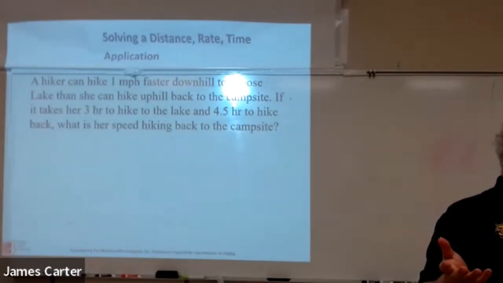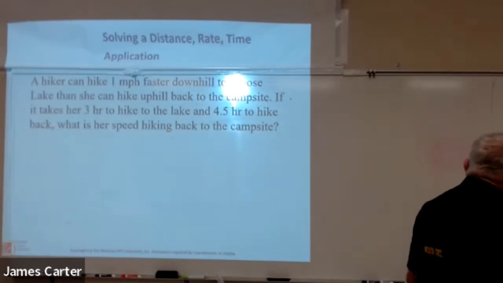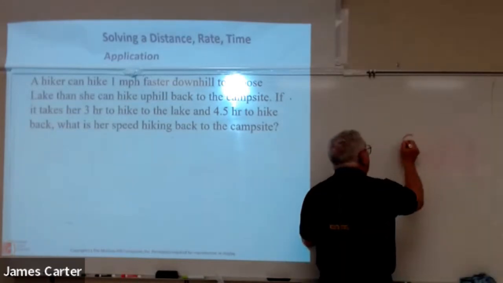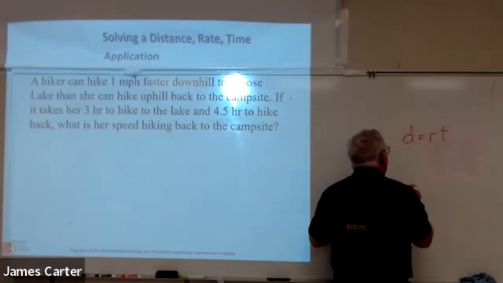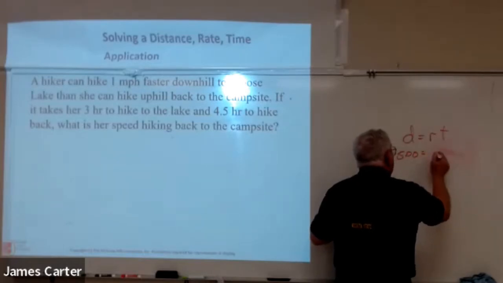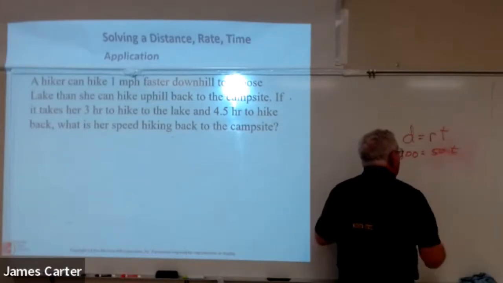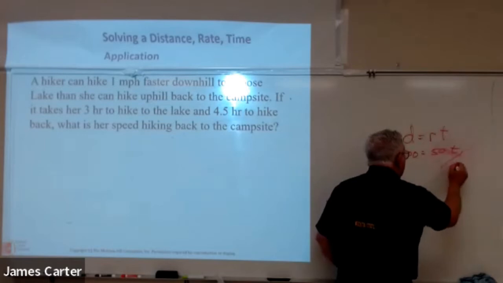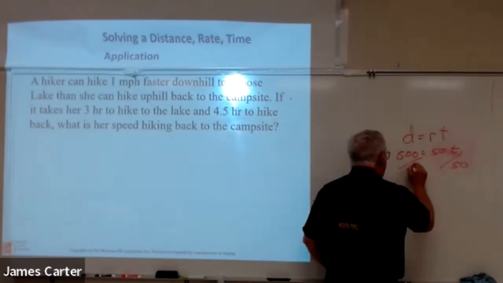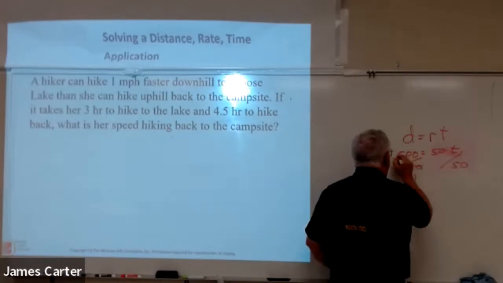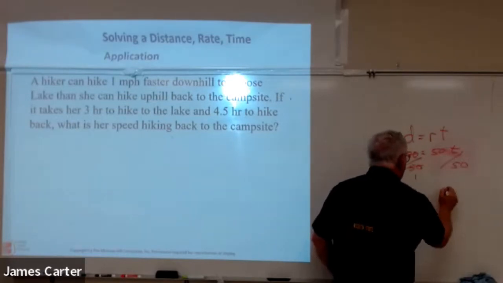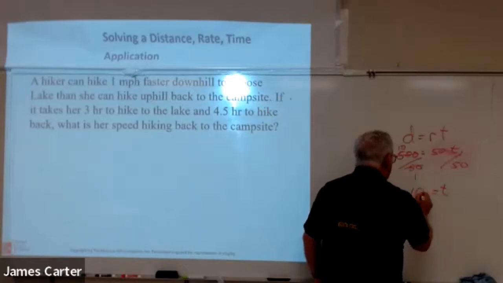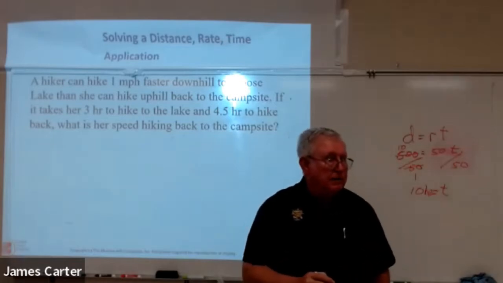It's gonna take you 10 hours to get there. 500 equals 50 times however much time it is. We divide both sides by 50, and we get T, or the time to get there, 10 hours. And we have to label it, of course.